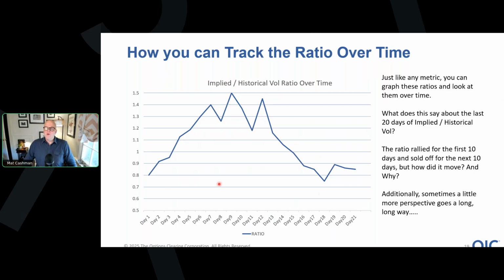So also, when you're looking at this, many times people like to use this as a way to give them a framework as to where implied vol kind of likes to live.